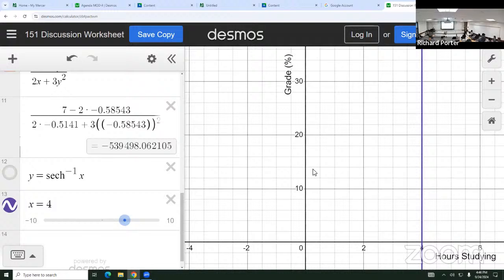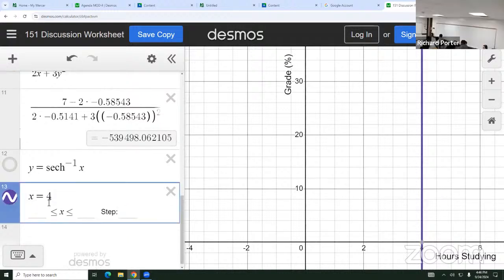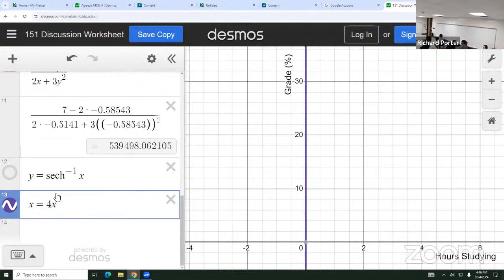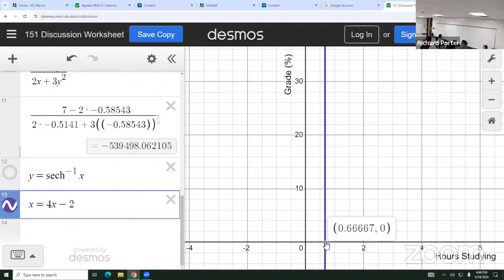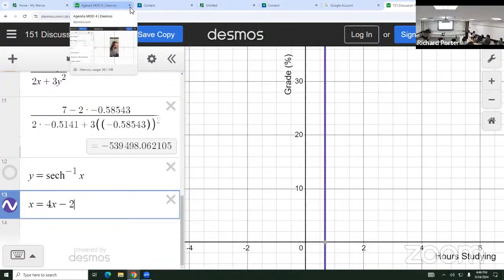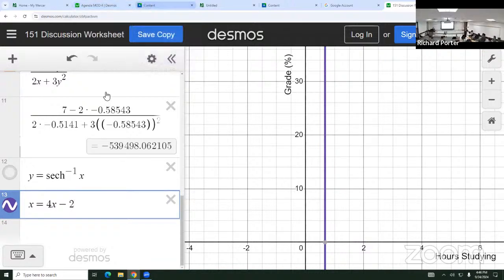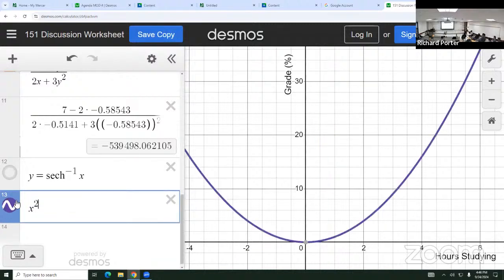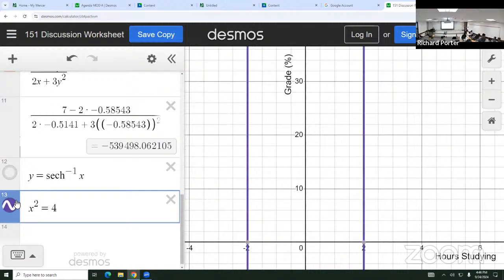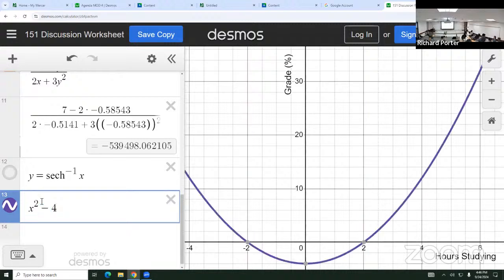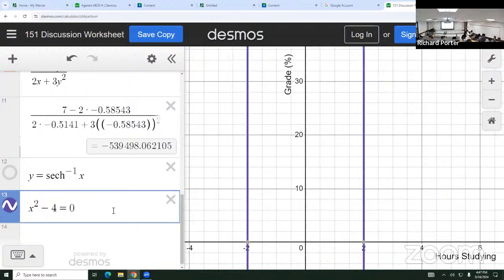But if you put in a more complicated thing, like 4x minus 2 or whatever, you still just have the solution here if you want it. We could always write an equation no matter what it is. If you want x squared equals 4, the answers are 2 and -2. But I could take that equals and put a minus, write it this way, equals 4, and I get the same answer, right?